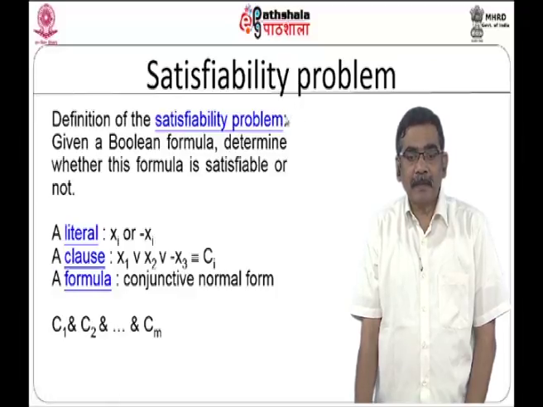So, the satisfiability problem here refers to equations. A Boolean formula has lots of literals, clauses and formulas. A literal is a variable or its negation, like x1 or not of x1. We can combine lots of literals to create a clause, and we can combine lots of clauses to form a formula.